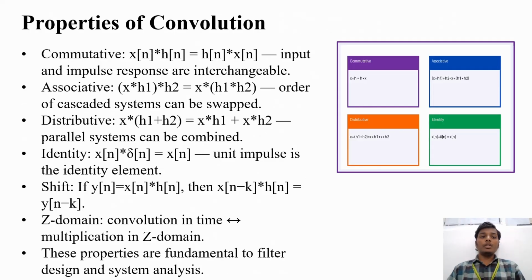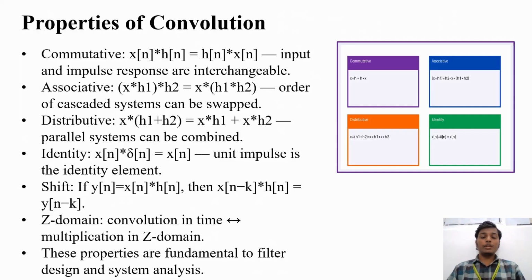Properties of convolution. Commutative means x[n] convolved with h[n] equals h[n] convolved with x[n], where input and impulse response are interchangeable. Associative: x convolved with h1 then convolved with h2 equals x convolved with the convolution of h1 and h2, where the order of cascaded systems can be swapped.